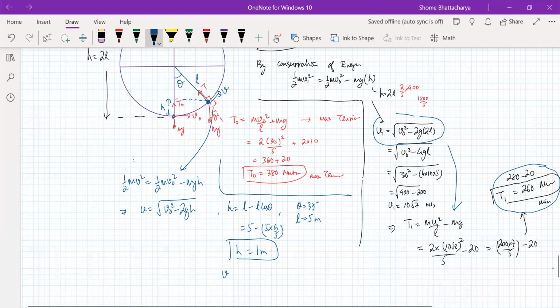So at that point, V is square root of 30 square minus 2 into 10 into 1, because h is 1 meter at that point. So it is square root of 900 minus 20, or V is square root of 880.